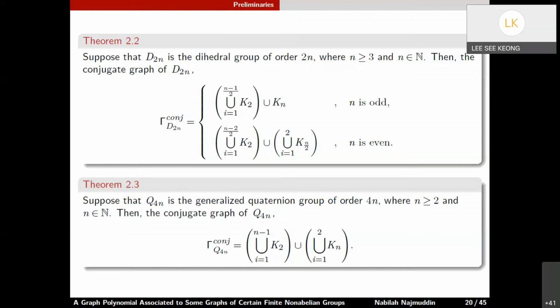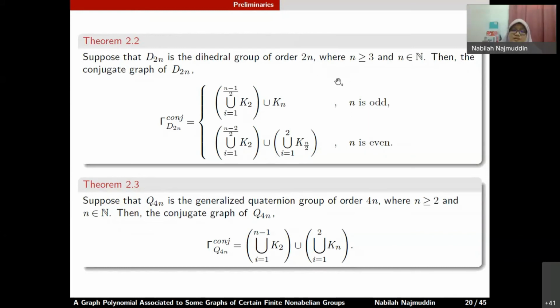If n is odd, n equals 5, we will have 2 K2 union with 1 K5. So what are those 2 K2? When n equals 5, you say there are 2 K2 in the union.